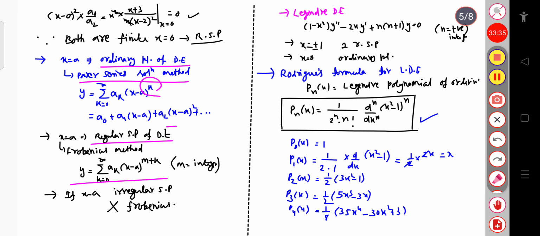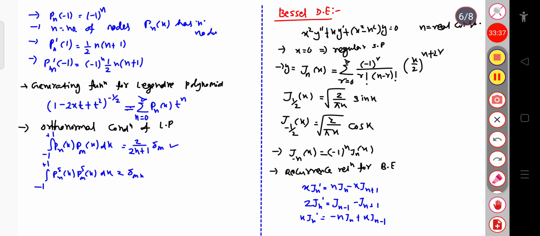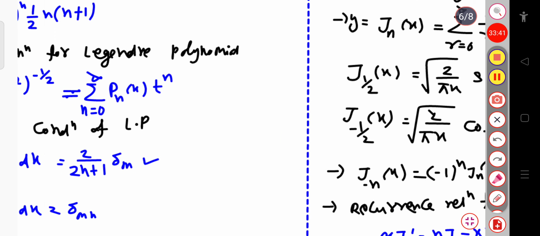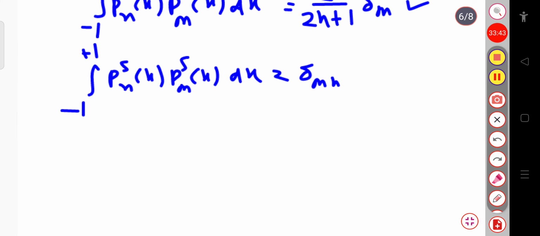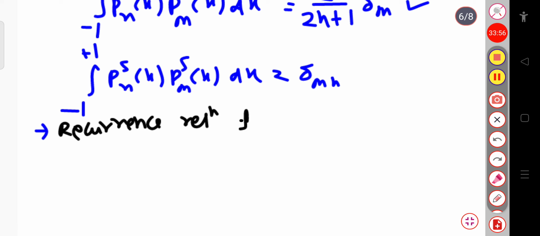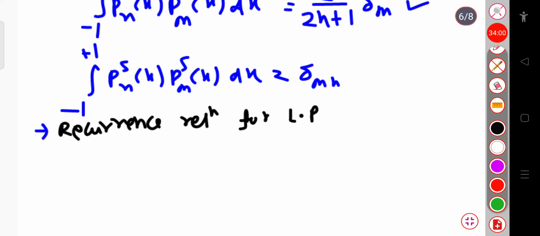And here the generating function, orthonormal condition, here I have just left the Legendre recurrence relation, let me write it here. So the recurrence relation for the Legendre polynomial, direct question can be asked.